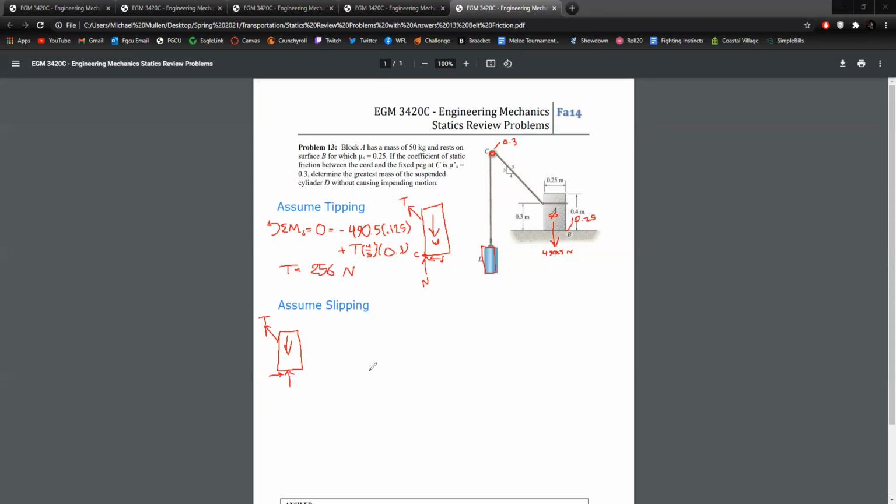So what that's going to look like is we're going to have the sum of the forces in the X direction equal to 0.